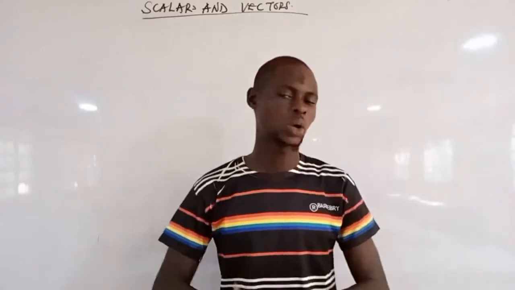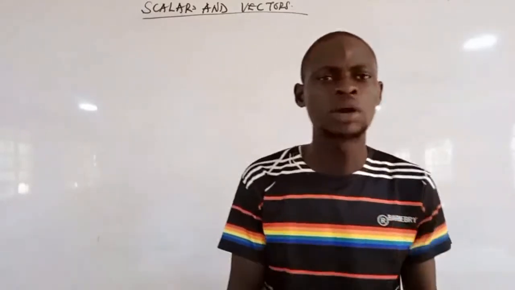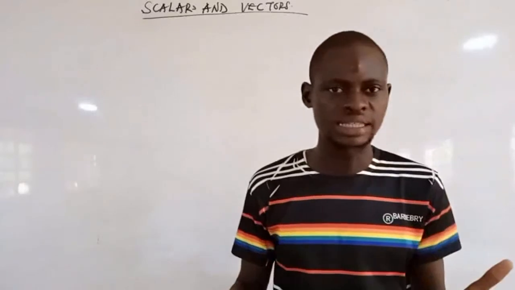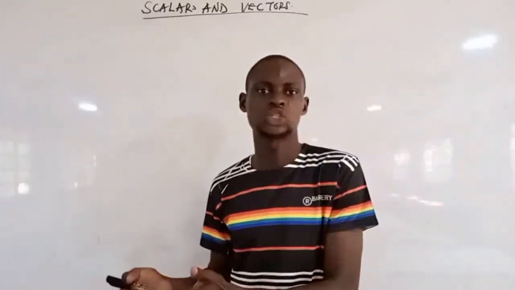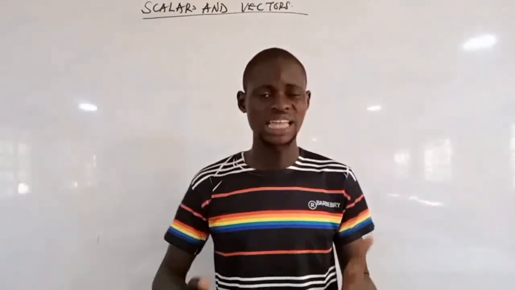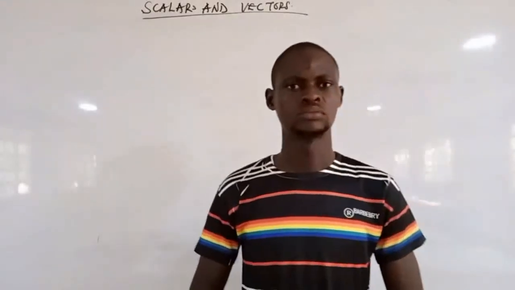That is what we call scalar quantities. While some of them are vectors, vector quantities are the quantities that depend on direction and magnitude. That means these quantities can be described fully with direction and magnitude.